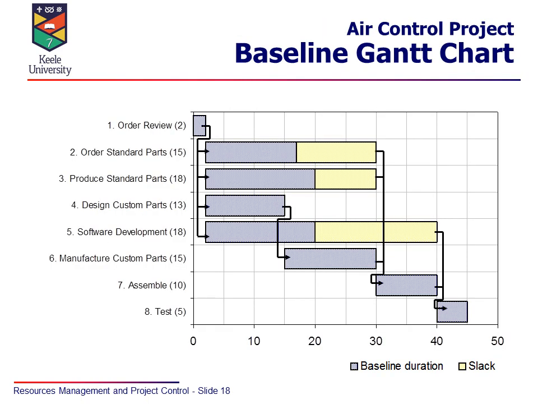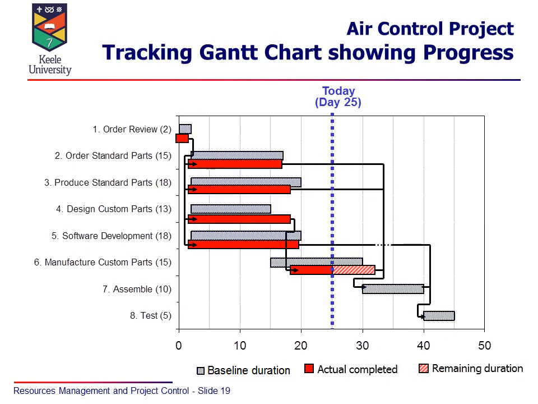So here's the example. This is the same example we used at the beginning, the air control project, 45 days on the basic finishing time without the resources. Let's say we look at that basic idea, you can just drop a line down on the Gantt chart to show today we're at day 25.